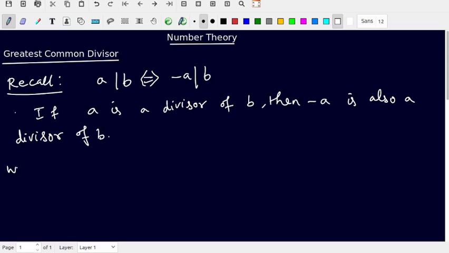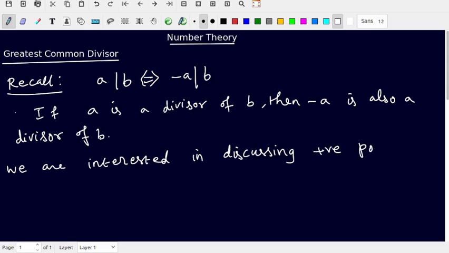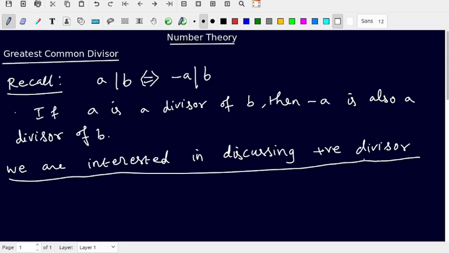So we are interested in discussing positive divisors. Why do we restrict to positive divisors? Because if A is a positive number and a divisor of B, then minus A is also a divisor.